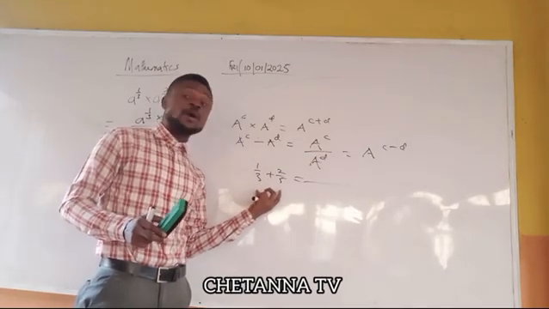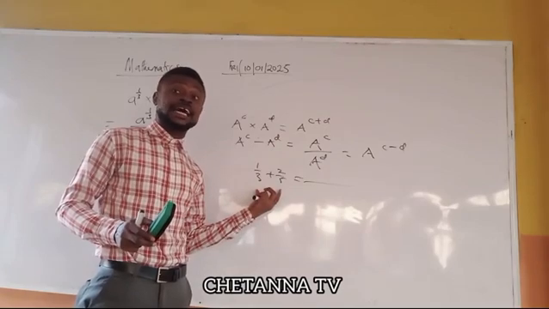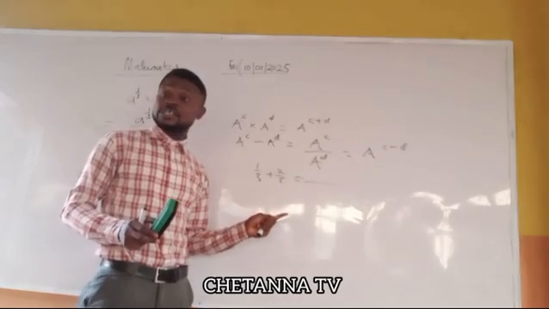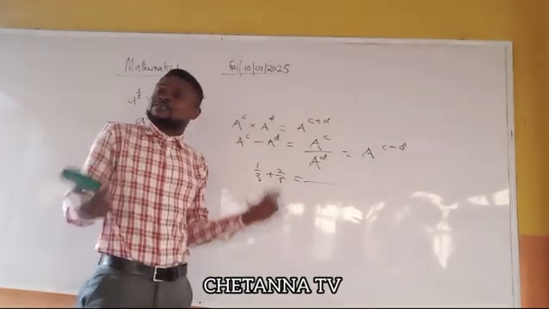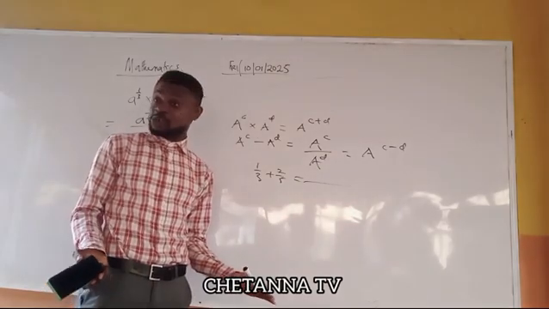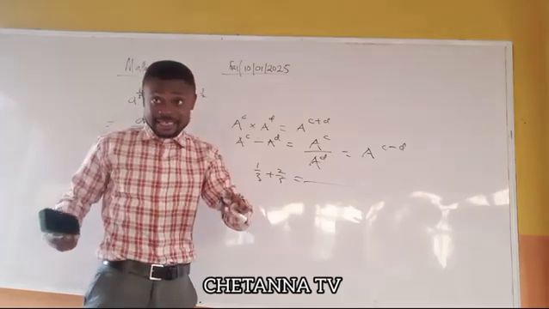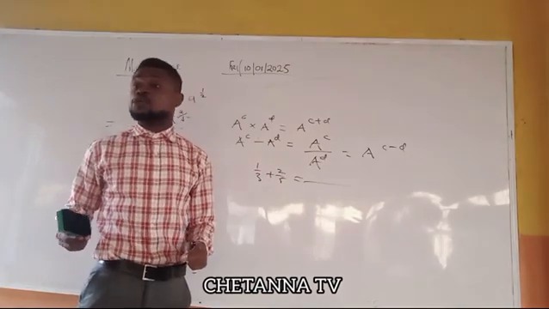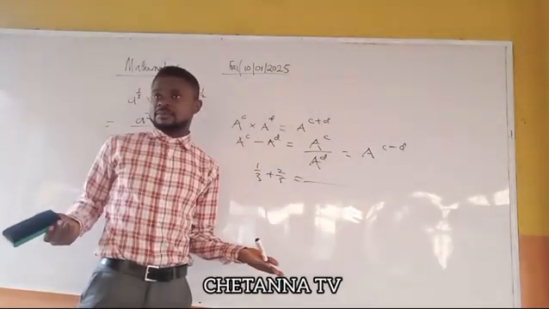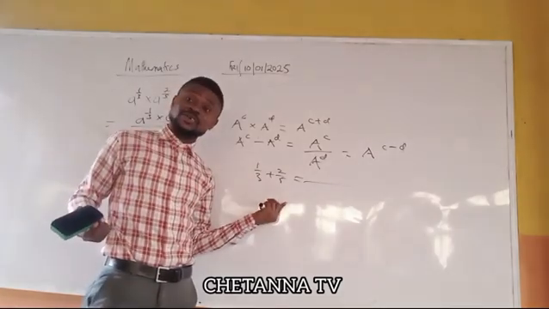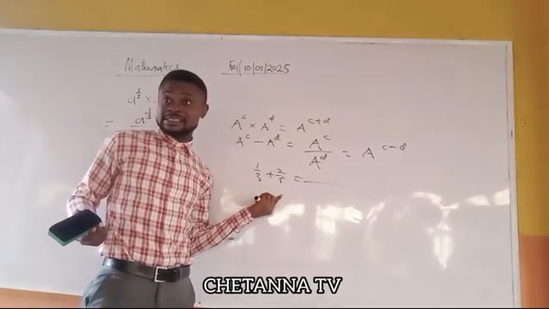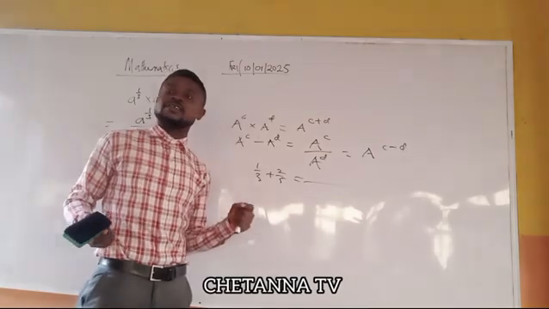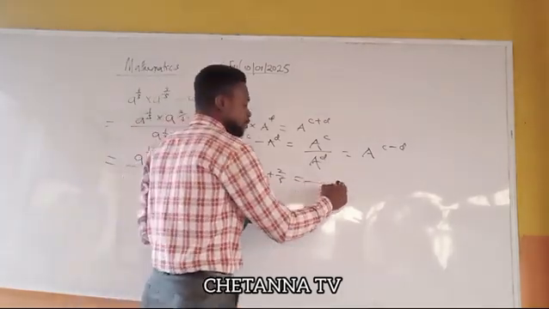The lowest common multiple is the lowest number both of them can divide, which is 15. Both can divide 30, but 30 is not the lowest number they can divide. So the lowest number they can divide is 15.